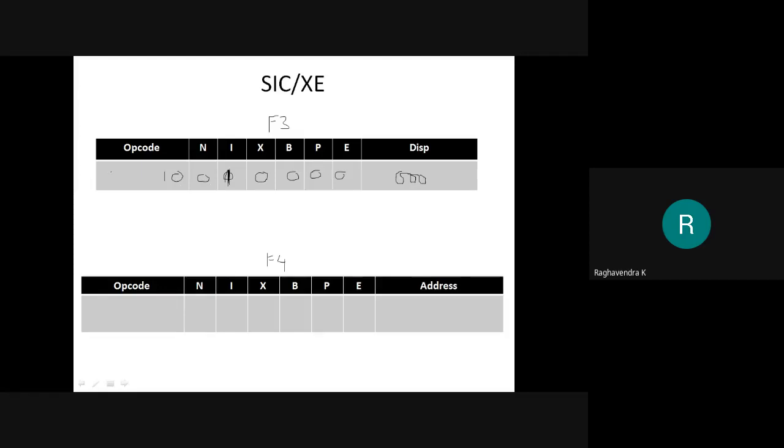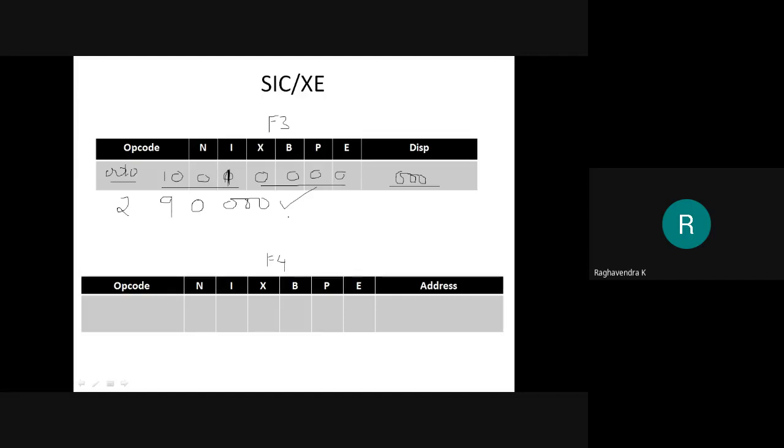Now this is the instruction: 2, 0, 0, 1, 0, and then this. Let us check: this is 2 as usual, no change. From 8, this has become 9. No values set here, so this is 0. And the displacement is 000. So this is the instruction that is assembled.